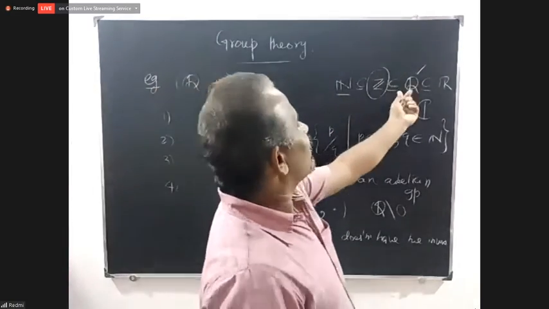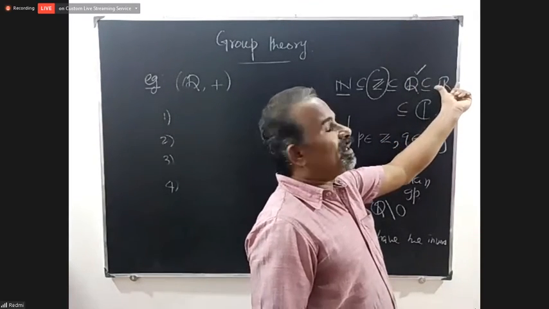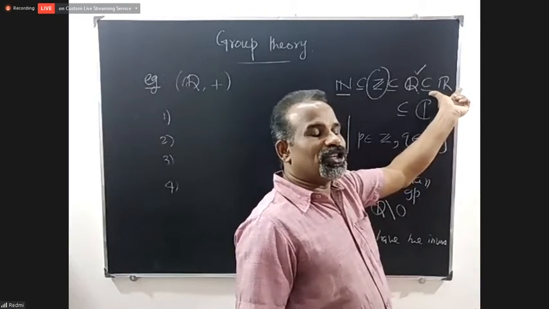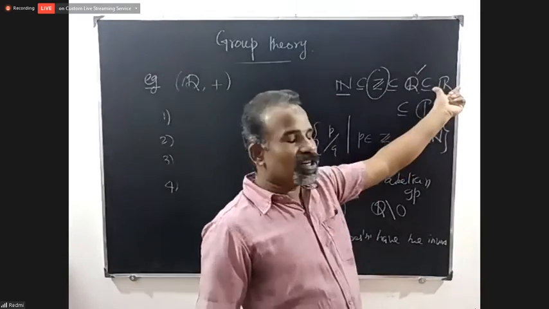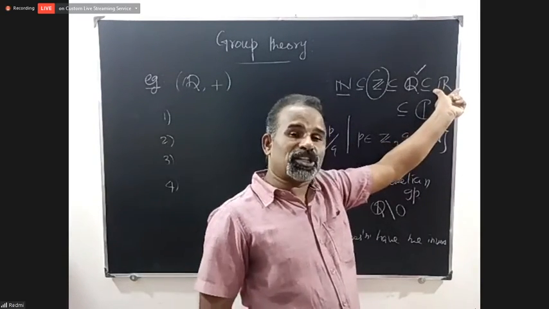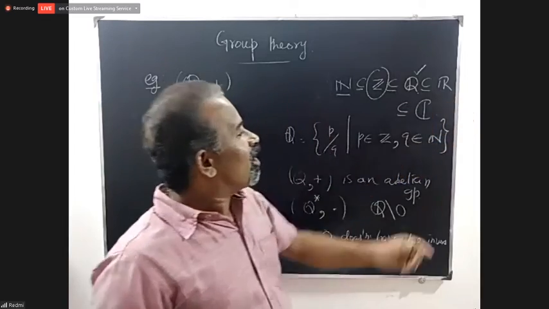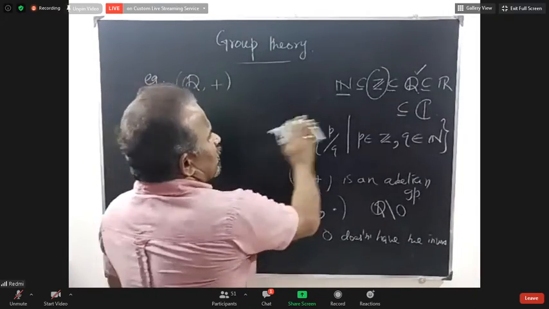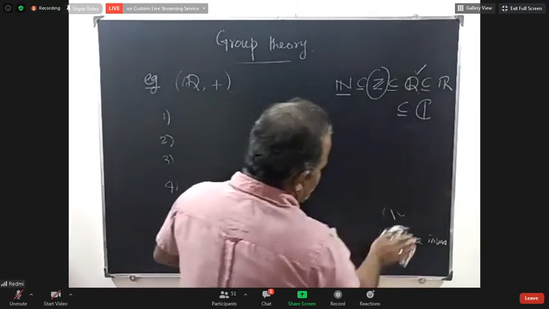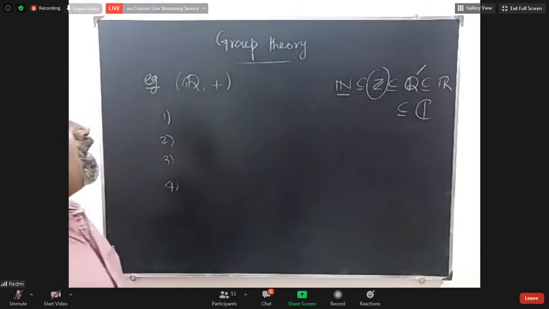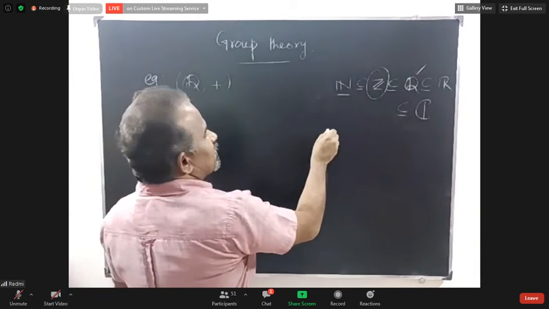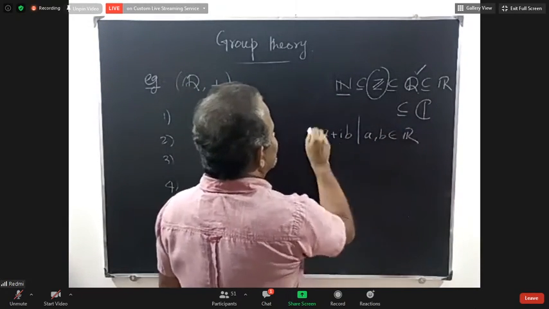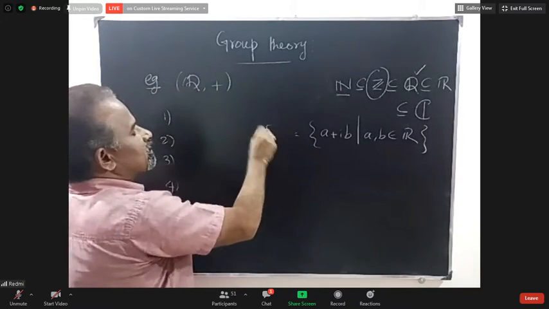Then the same kind of argument: R, or R star, with respect to addition is also an abelian group, and with respect to multiplication also. Now the complex numbers. See, a complex number is of the form a plus ib such that a and b belong to R. This is nothing but the set of all complex numbers.